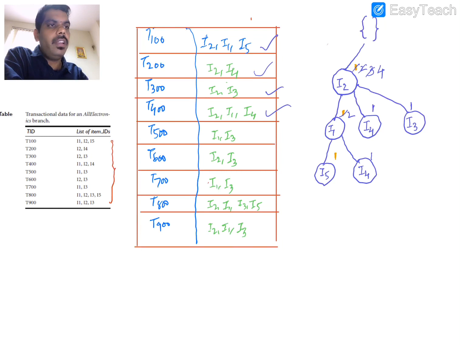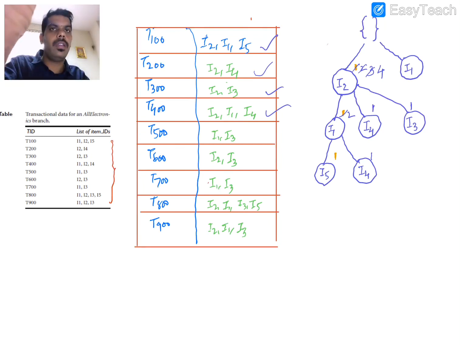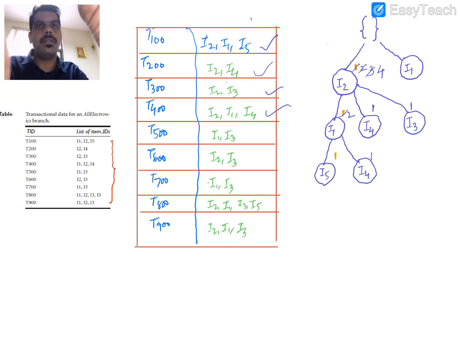Is there any I1? I1 is at the second level, but what we require is first level I1. I am going to mark it as I1, and I1 is marked. Now I am going to take the frequency 1.